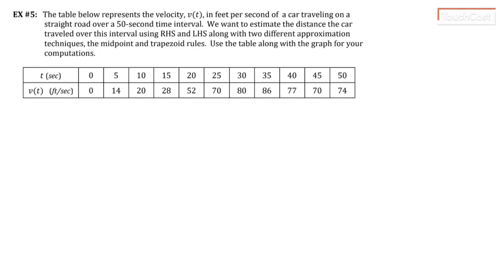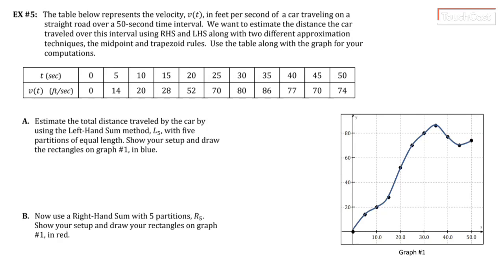We can use a midpoint and a trapezoid rule. So what we're going to do first is estimate the total distance traveled by the car by using a left-hand sum method with 5 partitions of equal length. And we're going to show the setup and draw the rectangles on graph 1 here. And we're going to use blue to do that. You can use whatever color you want in your notes.